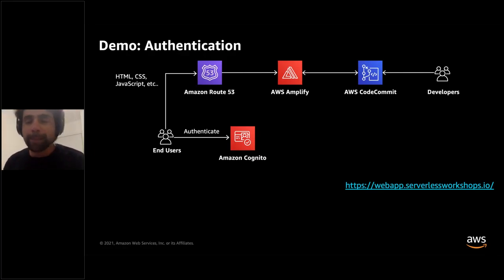What's this web application? It's an application where you can basically book unicorn rides. It's a fictitious application, so it's not a real one, but it's just to show you how this works. And there is also this link here that you can see in front of you.